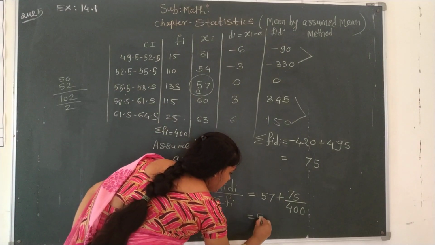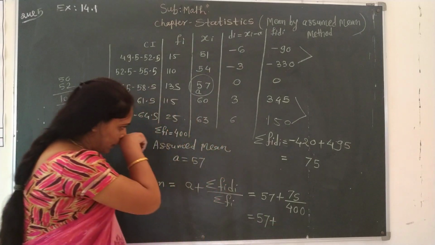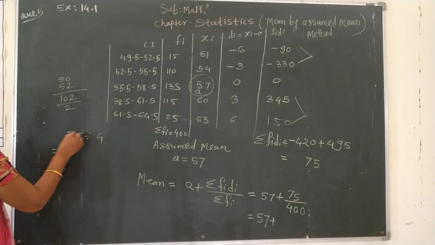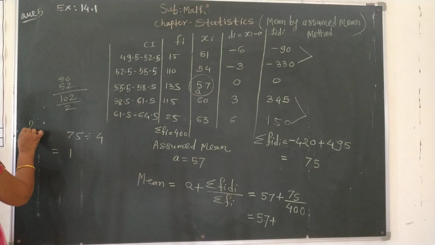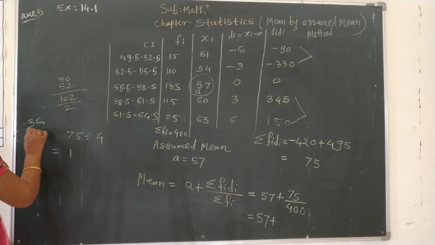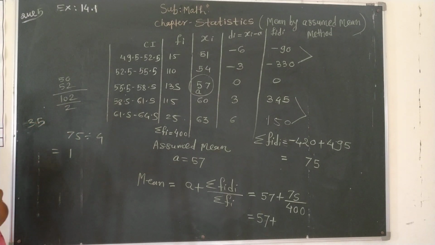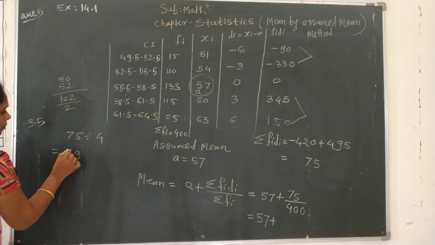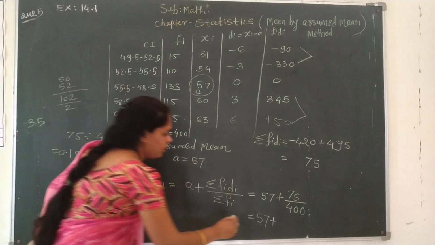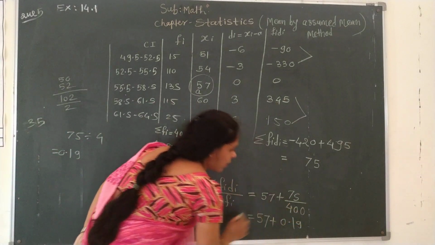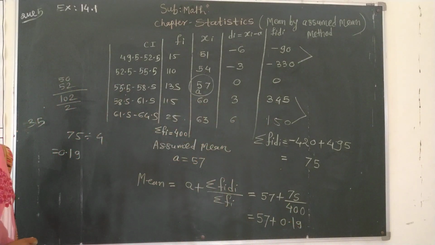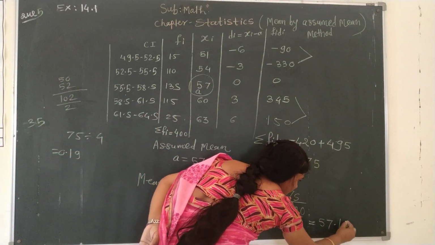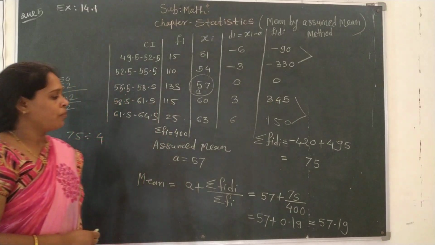Now 57 plus, find out this value, 75 divided by 400, that value is approximately 0.9. Yes, your answer is 57.90 by using the assumed mean method.